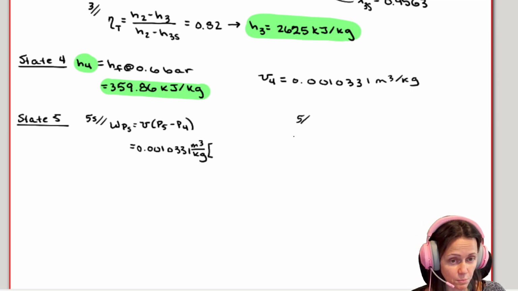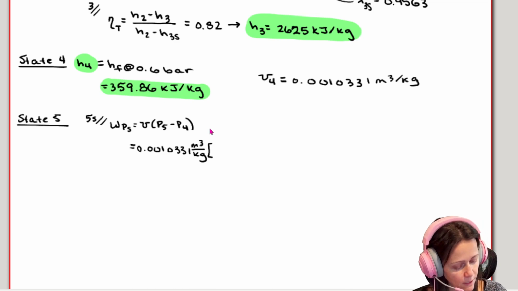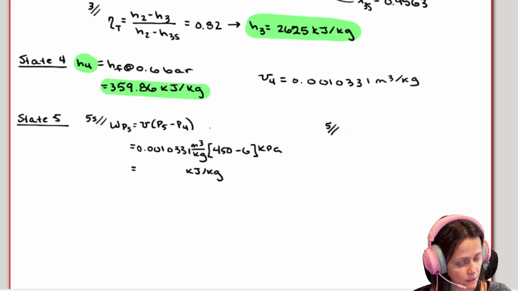Mentioned it before, but if you put your units in kilopascals, your units will be happy. 450 kilopascals minus 60. And this will give you units of kilojoules per kilogram. It doesn't really matter what we get there because we just need H5. So I know H5 minus H4 is pump work.